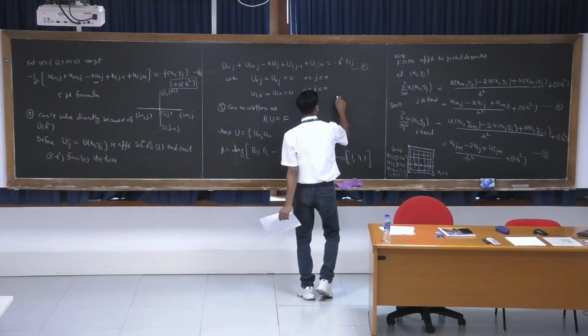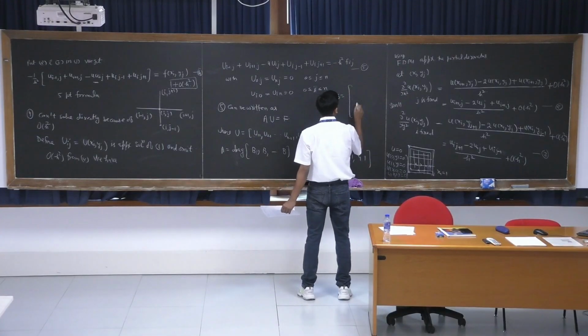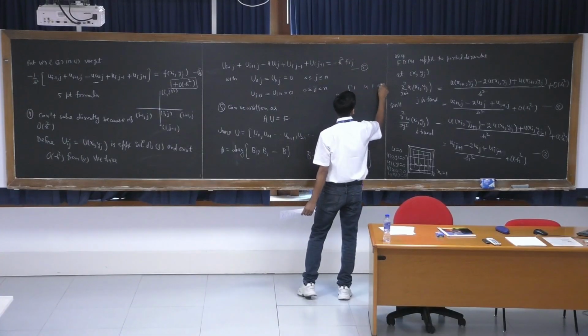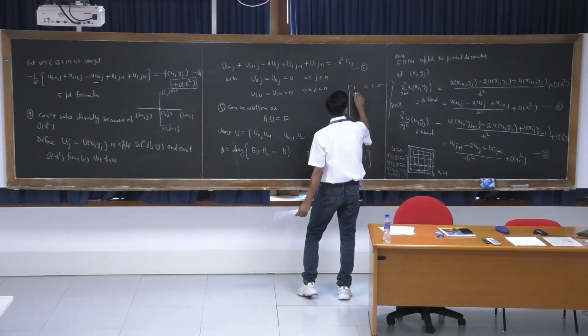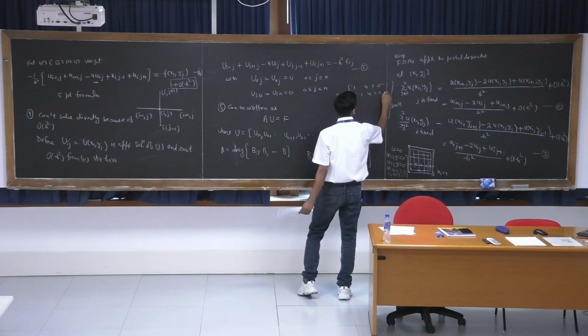Tridiagonal means it will be like that. B is equal to 1, 4, 1, 0, 0, 0, 0, or 0, 1, 4, 1, 0, 0, 0, and so on. 1, 4, 1.